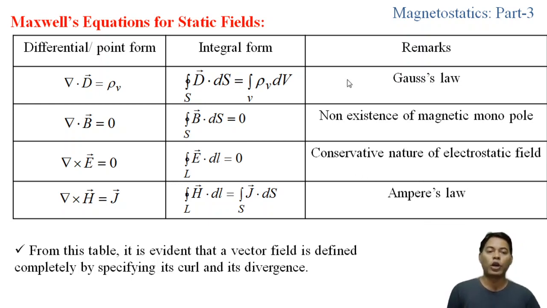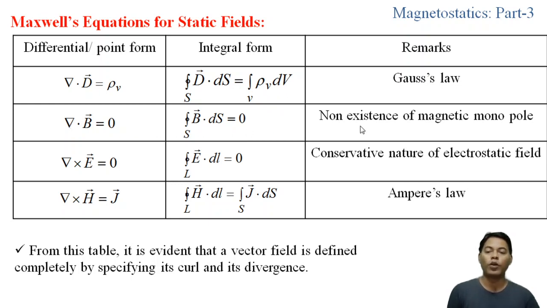The first row says that del dot D equals rho V. We first derived this from Gauss's law as the first Maxwell's equation. Del dot D equals rho V is the differential form, and its integral form is the closed surface integral of D dot ds equals the volume integral of rho V dv.